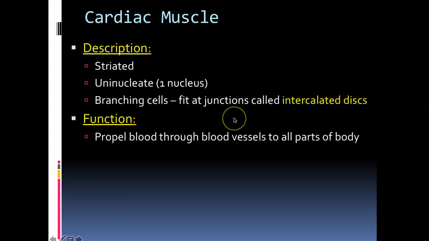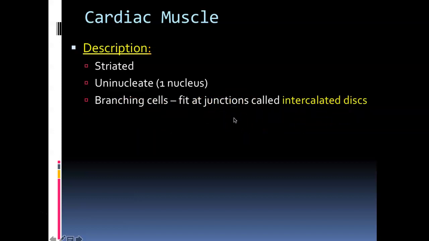And so just to simplify this, cardiac muscle cells are going to each fit together with a little door between them, an open door. So each cardiac muscle cell is going to have a little open door between each one, and that is so ions, charged ions, can flow through and can help propagate an electrical conduction so that the heart can contract.